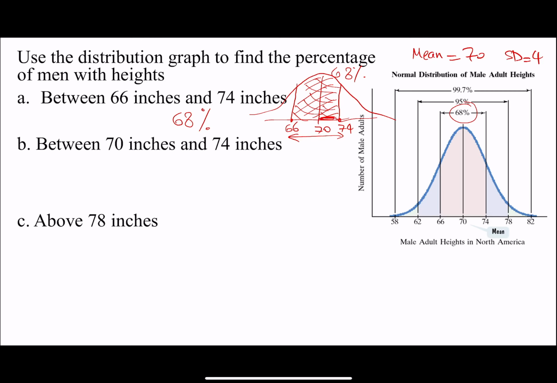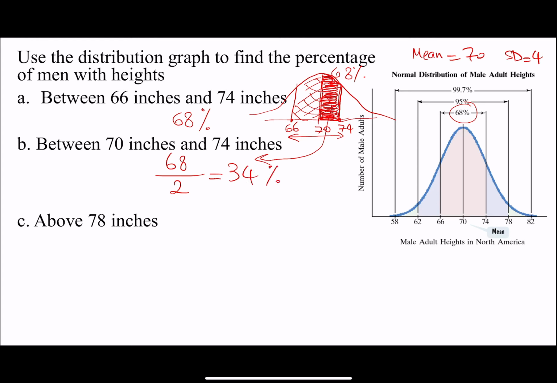It's asking about this area, 70 to 74. What about that part here? Well, it's half of 68, so 68 divided by 2 is 34%.